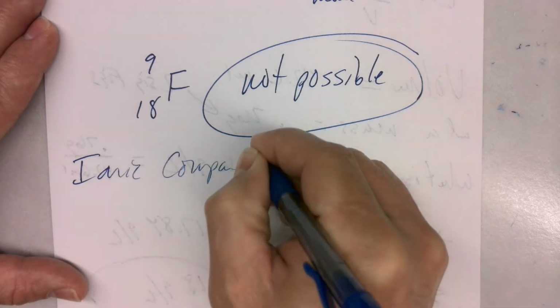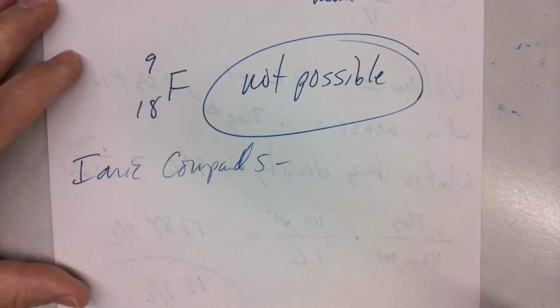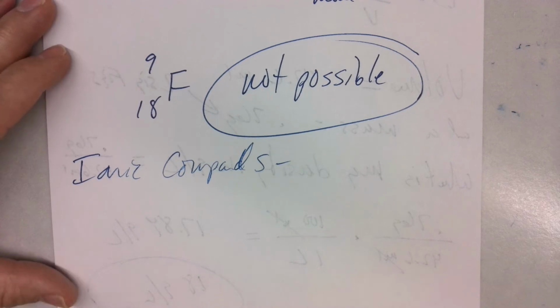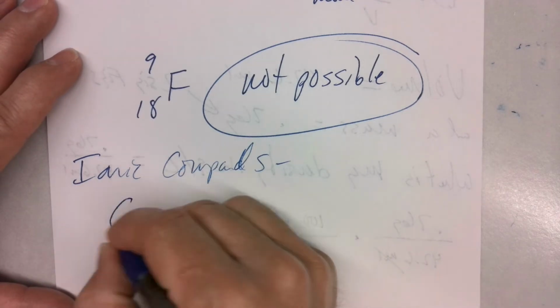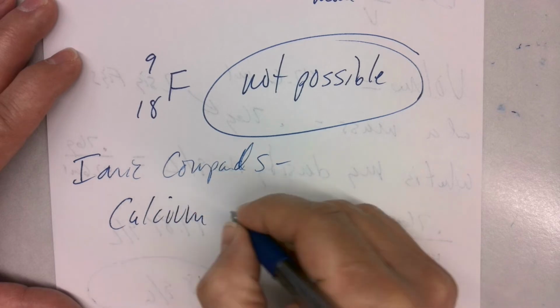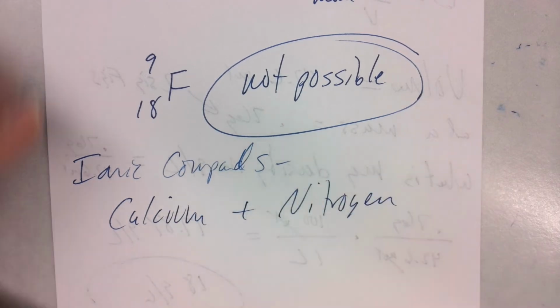Alrighty, so ionic compounds. Okay, now, granted this has been quite a while ago we did this, but let's say I wanted to make a compound, let's say I want to bond calcium and nitrogen. Okay?